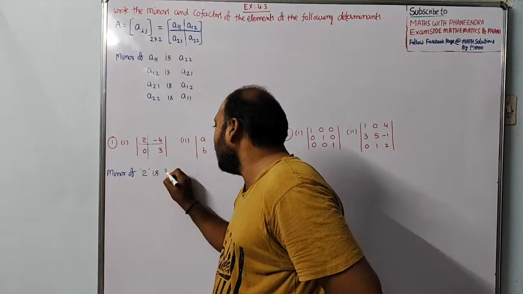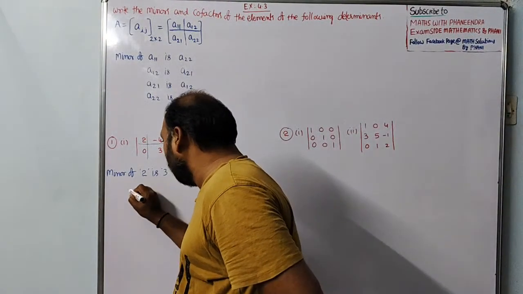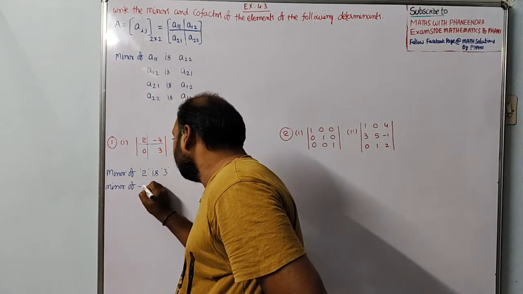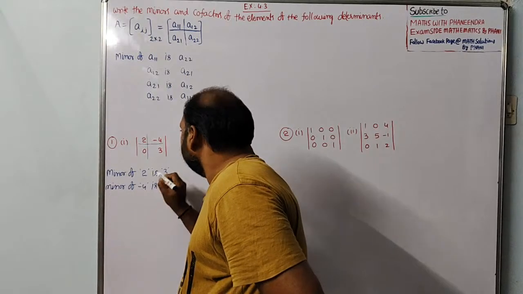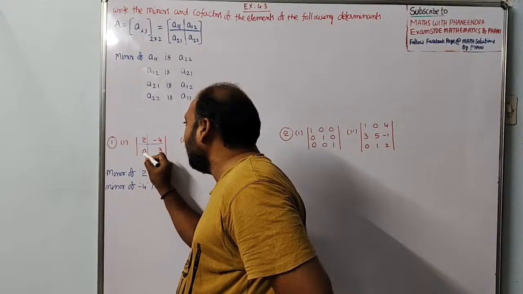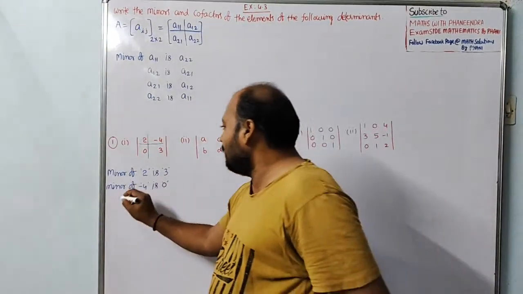It is 3. Next, the minor of this element: if you eliminate this row and this column, remaining is 0.